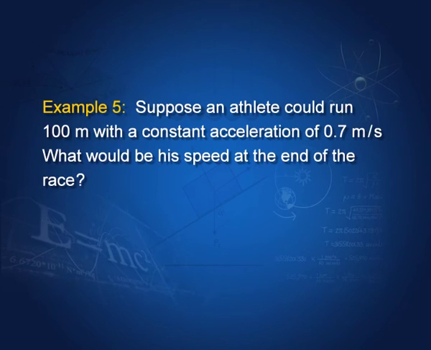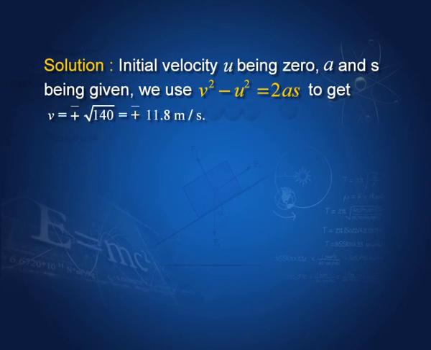Suppose an athlete could run 100 meters with a constant acceleration of 0.7 meters per second square. What would be his speed at the end of the race? Solution: initial velocity u being 0, a and s being given, we use v squared minus u squared equal to 2 a s to get v equal to plus or minus root of 140, which is equal to plus or minus 11.8 meters per second.